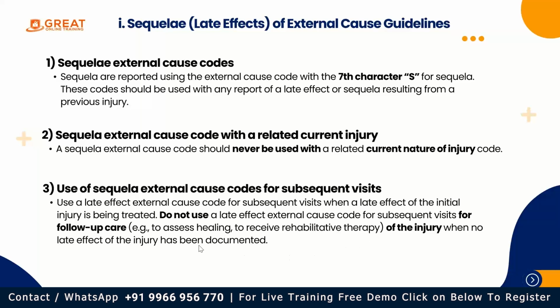In that case, for follow-up care, we have D character. Remember, we have three types of 7th character: A, D, and S. Okay. A represents initial encounter. D is for subsequent or follow-up encounter, and S is for sequela. Okay. So for follow-up care, we have to use D as a 7th character, and for sequela or late effect, we have to use S as a 7th character.